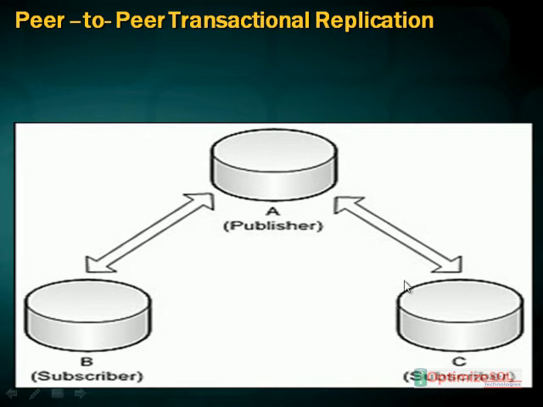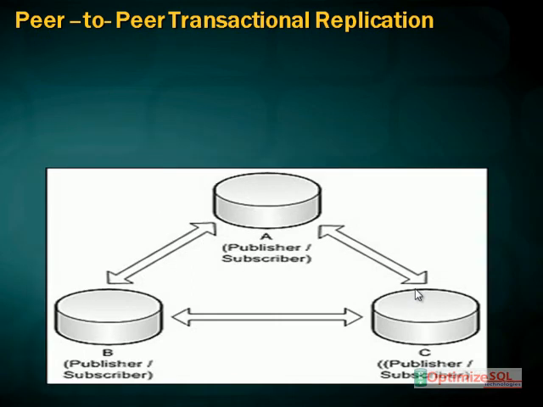Other users, meaning other servers, will not get the changes. To avoid this problem, Microsoft says we can use this type of topology, a peer-to-peer topology. Here every server is connected to each other and every server is acting as both publisher as well as subscriber.